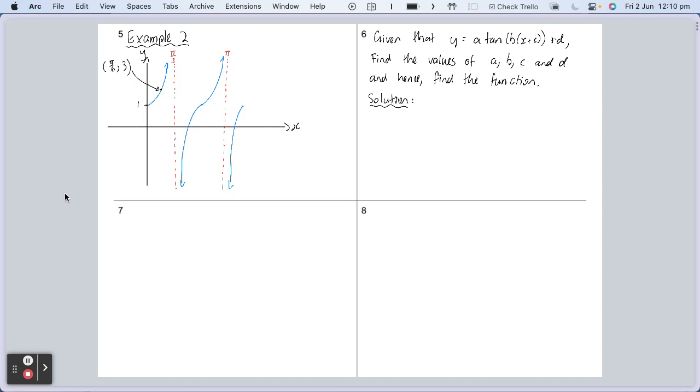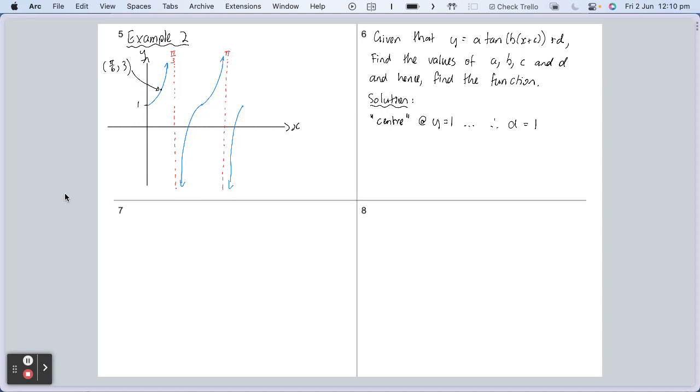Again, the order in which we do things may vary, but I am going to start off by looking at the center. So the center is at y equals 1. So therefore, d is equal to 1. Does that make sense?